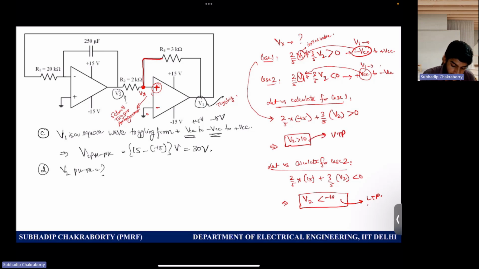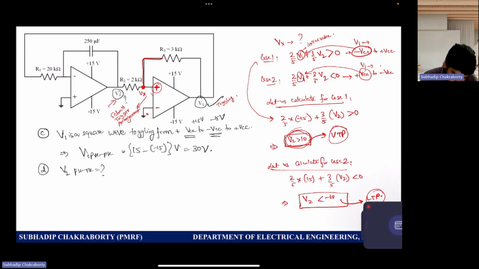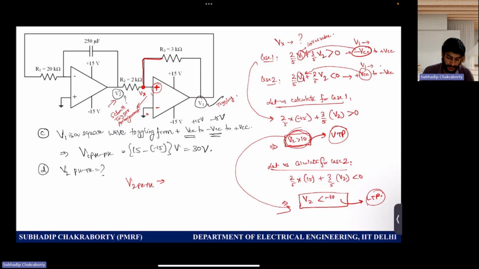Sorry, if V2 is greater than 10, which is UTP, not the input but this signal, then it will drive it to the positive point. So now we know these two things, we can calculate the peak to peak value of V2, because as soon as this is violated, the output will be fed back and accordingly V2 will change. So V2 peak to peak is 20 volts, that is nothing but UTP minus LTP.